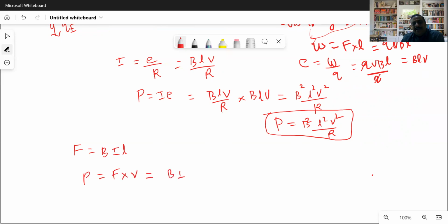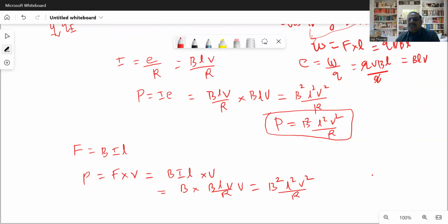So BIL into V. But I is BLV by R, into V. So you are getting B square L square V square by R. So this is the mechanical power.